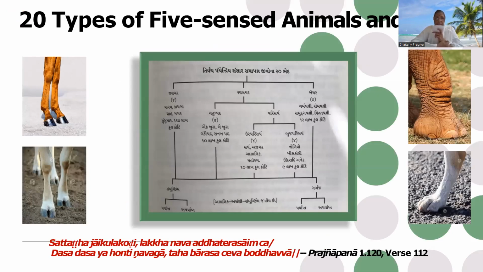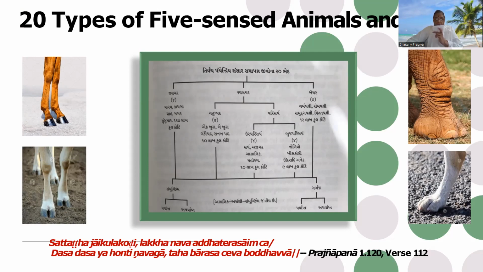Now we would see that there are 20 types of five-sensed animal beings. Those 20 types are divided into three main categories, or sometimes it is said they are divided into five categories. The three main categories are Jalchar, Thalchar, and Khechar.